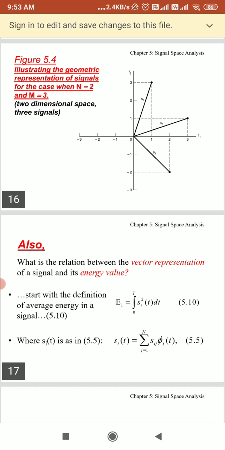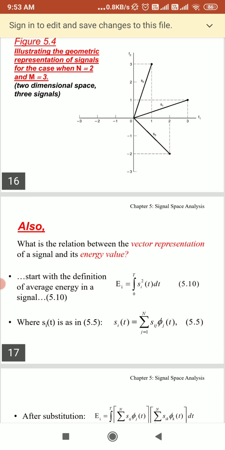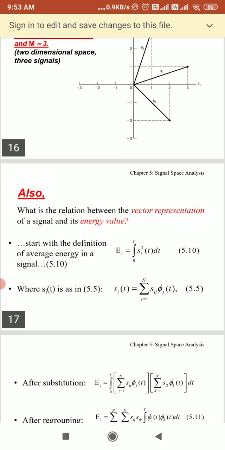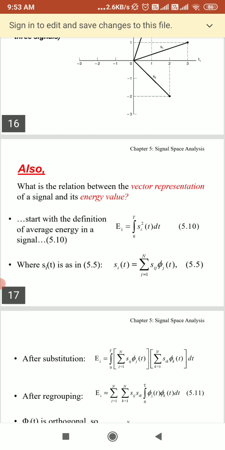Now we see the relation between the vector representation of a signal and the energy value. From the definition of the average energy of a signal, we take E equal to the integral from 0 to t of Si squared of t dt, where Ei is the energy value and Si of t is the signal we are transmitting.